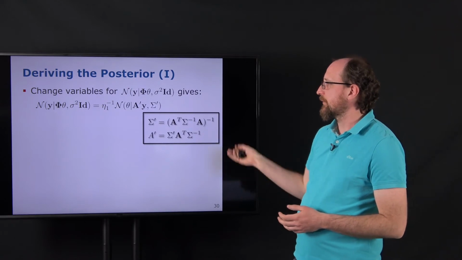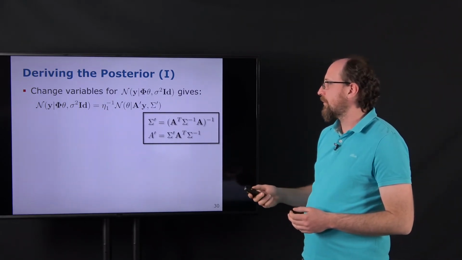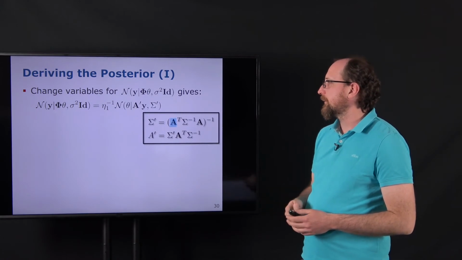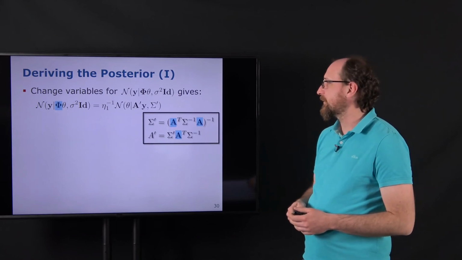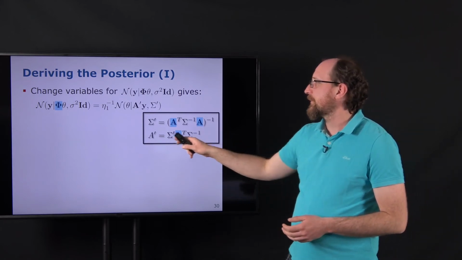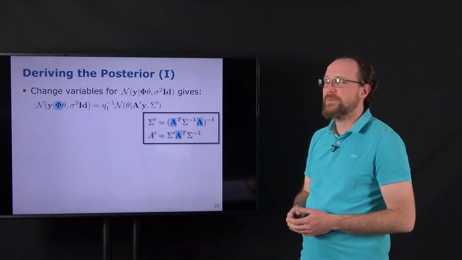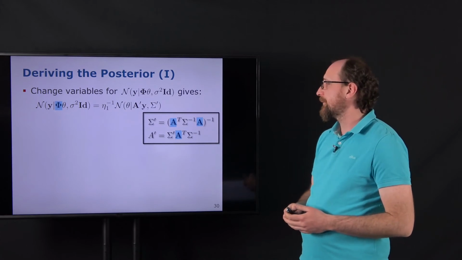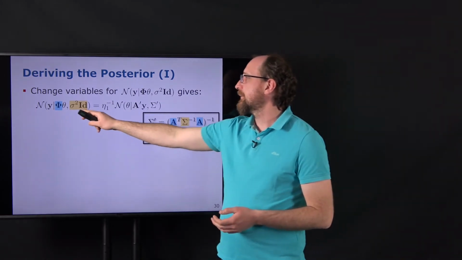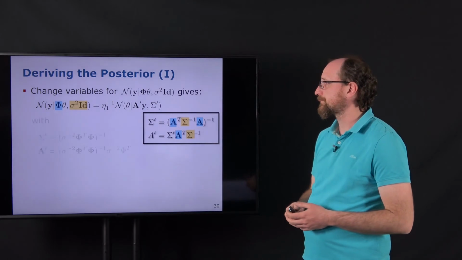I put in the terms from before, and to make it easier to understand, I highlight here that this is the A. In our case, the phi matrix is our linear transformation matrix. We have no b, therefore b is dropped here, and the sigma in our case is sigma squared times the identity matrix.